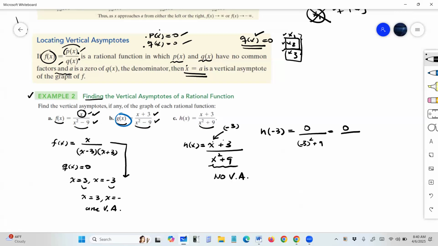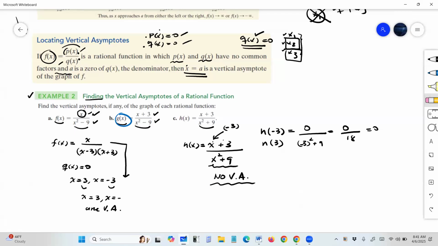And as I said before, this is 9 plus 9, 18, it's not 0. So there is no problem at h of 3, h of -3. Certainly there's no problem at h equals 0. Okay, so in this case, no vertical asymptotes.